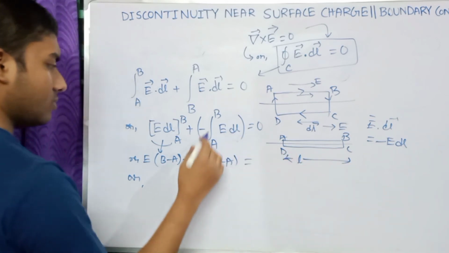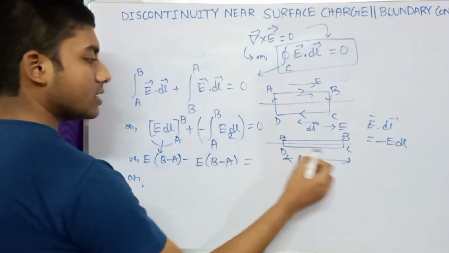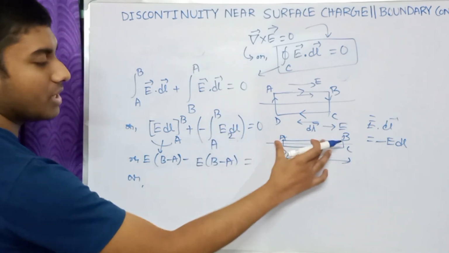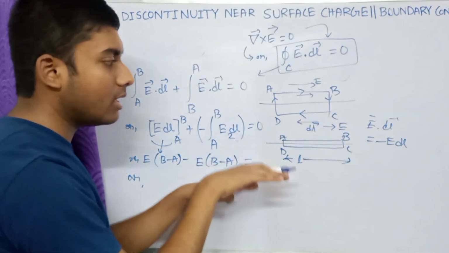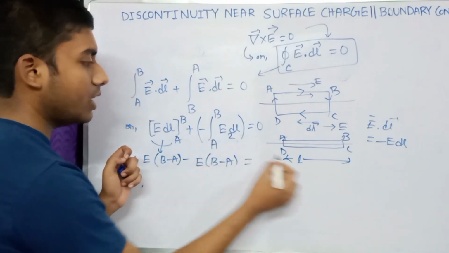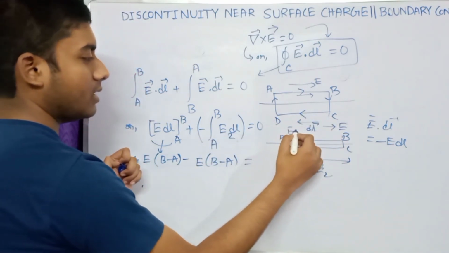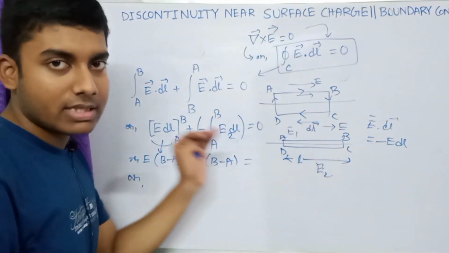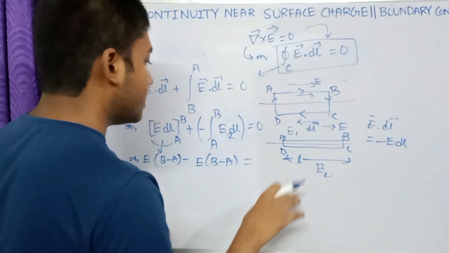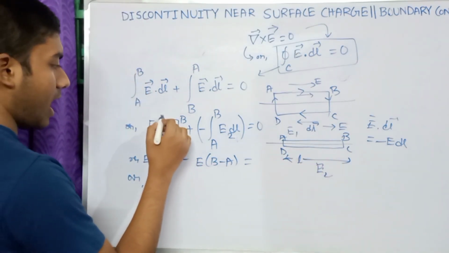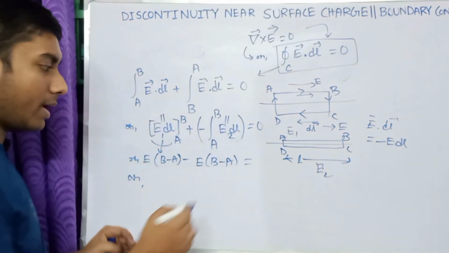and this will also be E into L, right? And this will be E2, as this is for C to D, which is coinciding, but this is in the lower region, right? So the tangential component of the electric field in the upper region is E1, and in the lower region this is E2, suppose, and I am denoting the parallel or tangential component with a parallel sign.